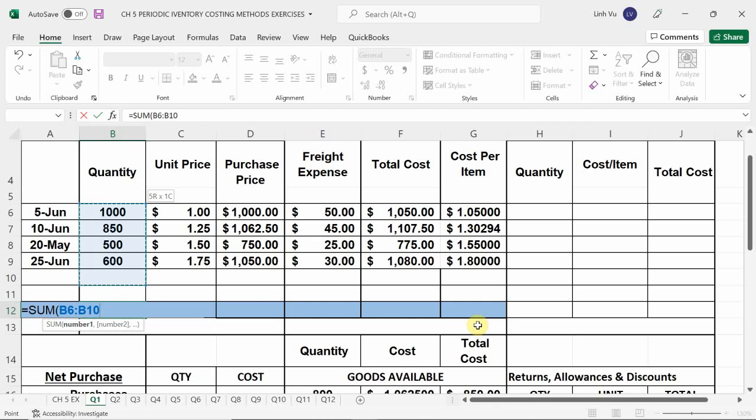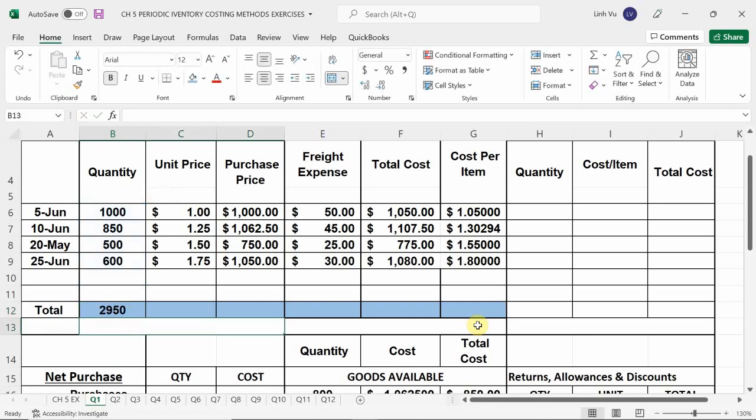$1,000 plus $850 is $1,850, plus $500 is $2,350, plus $600 gives you 2,950. Right?